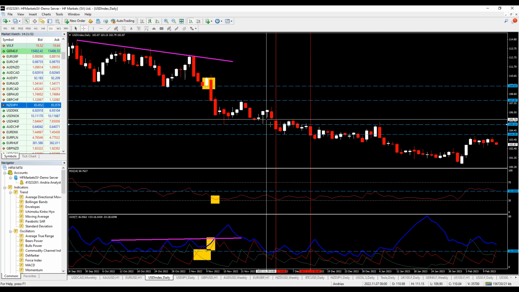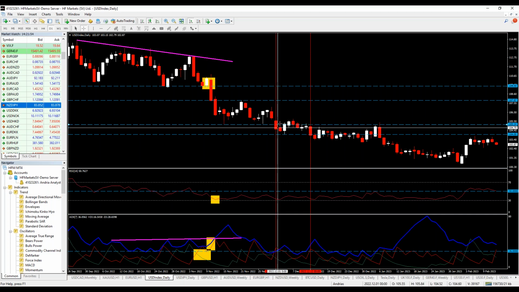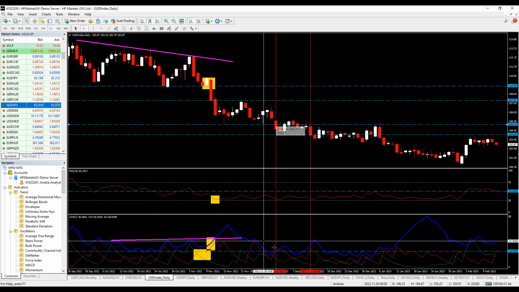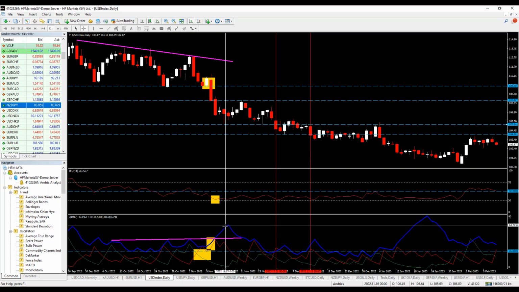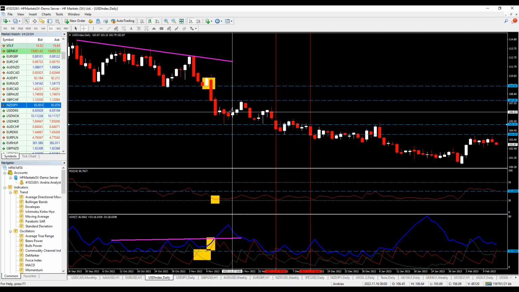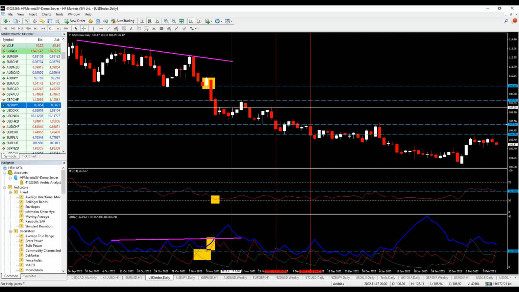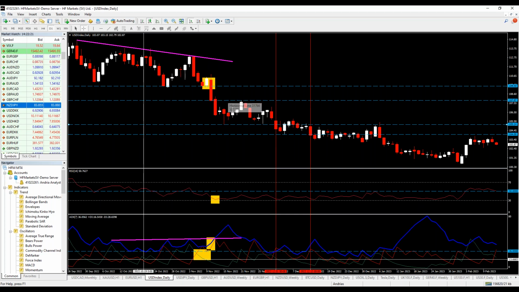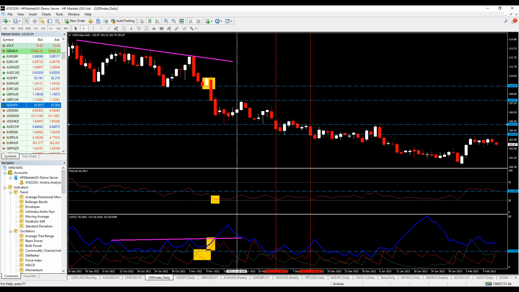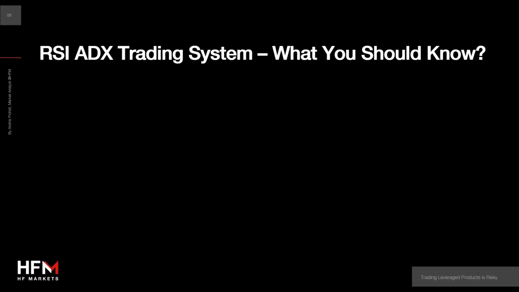Let's assume that we have taken a short position over here, right? You can go back to find where the latest high of your ADX was, here. So you can place your stop loss on this short position according to the latest high of your ADX, or slightly above it. So ADX could also be useful for placing a protective stop loss.